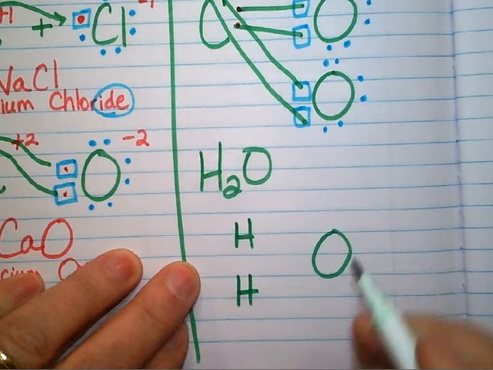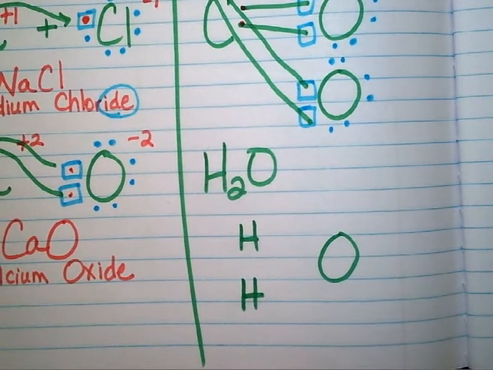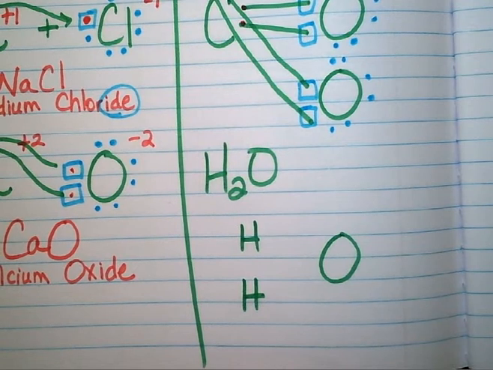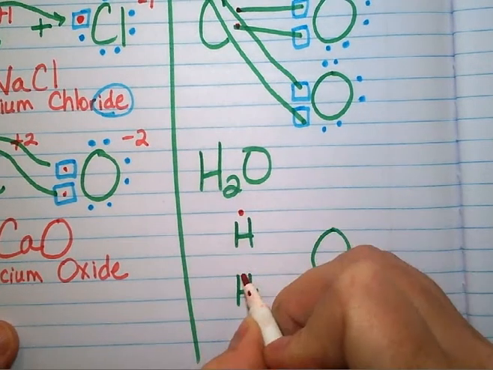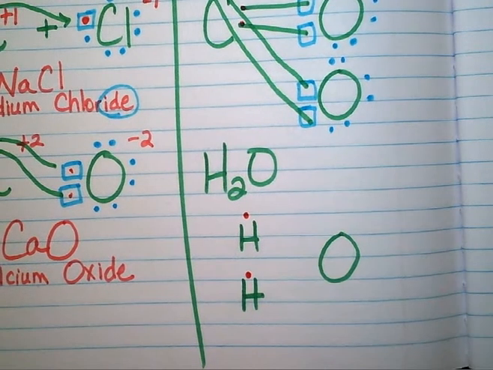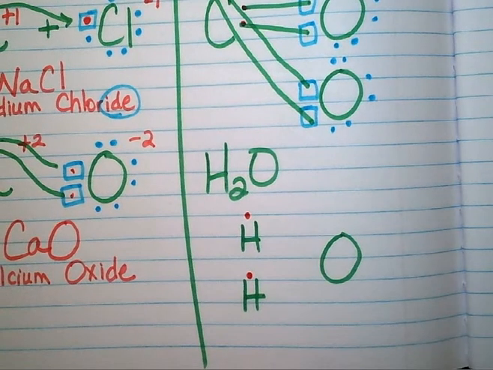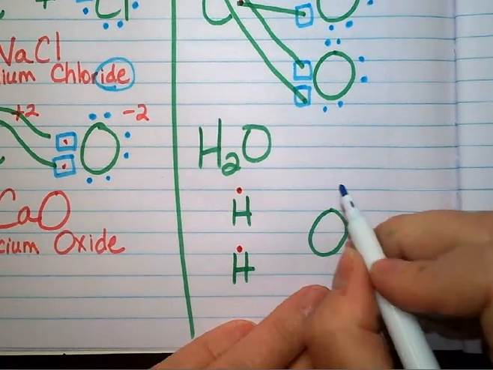Okay. Now let's look at the valence electrons. How many valence electrons does hydrogen have? 1. So each atom of hydrogen has 1 valence electron, and you have 2. Oxygen has how many valence? 6.